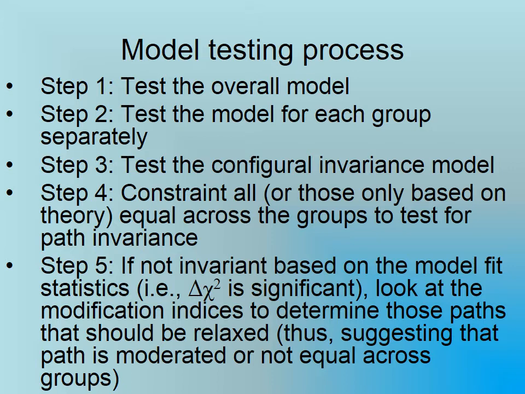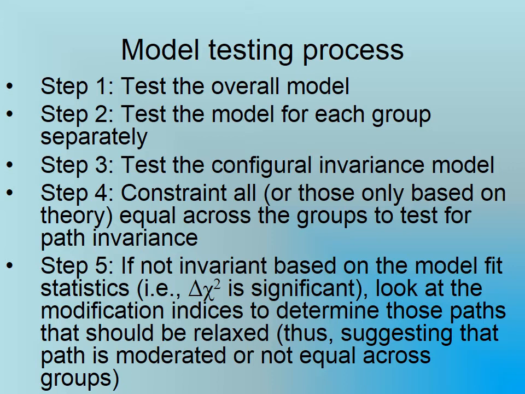The next model, here called step 3, is our configural invariance, often called our baseline model. This model is basically a weighted combination of both samples together. And this model also needs to fit well, and it's going to be compared to the path analysis model in step 4.